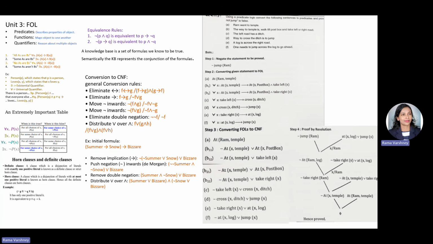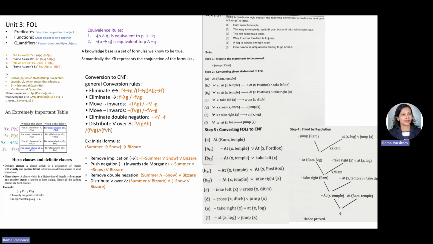For example, this implies, for all implies, we are converting to or. Once we have the logic converted to CNF, we can try writing the proof by resolution. You can see it is simple here.